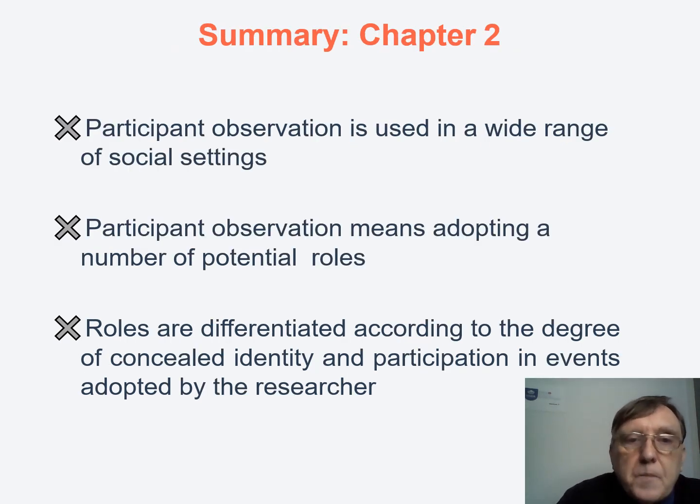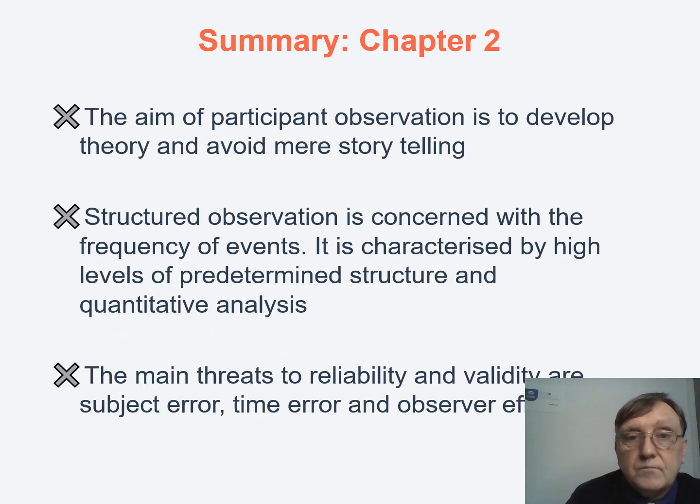So in summary, participant observation is used in a wide range of social settings. Observation means adopting a number of potential roles, and roles are differentiated according to the degree of concealed identity and participation in events adopted by the researcher. The aim of participant observation is to develop theory and avoid mere storytelling.